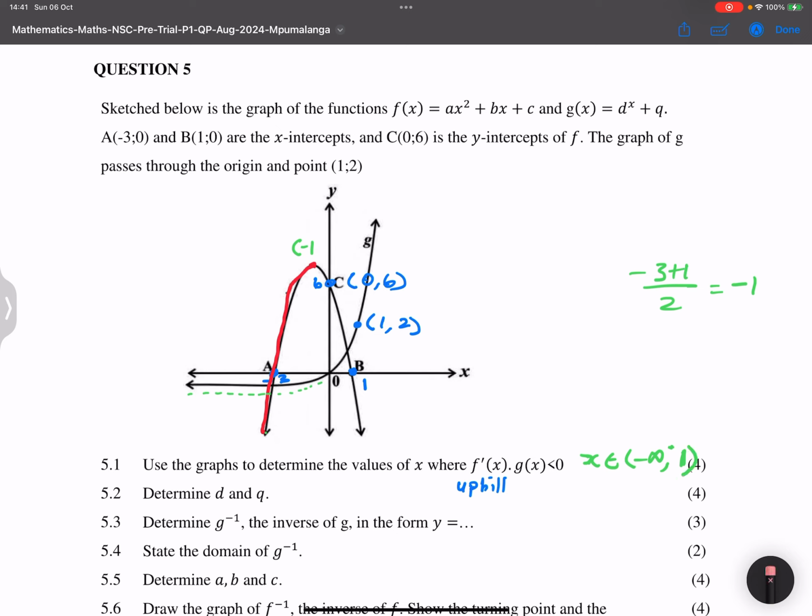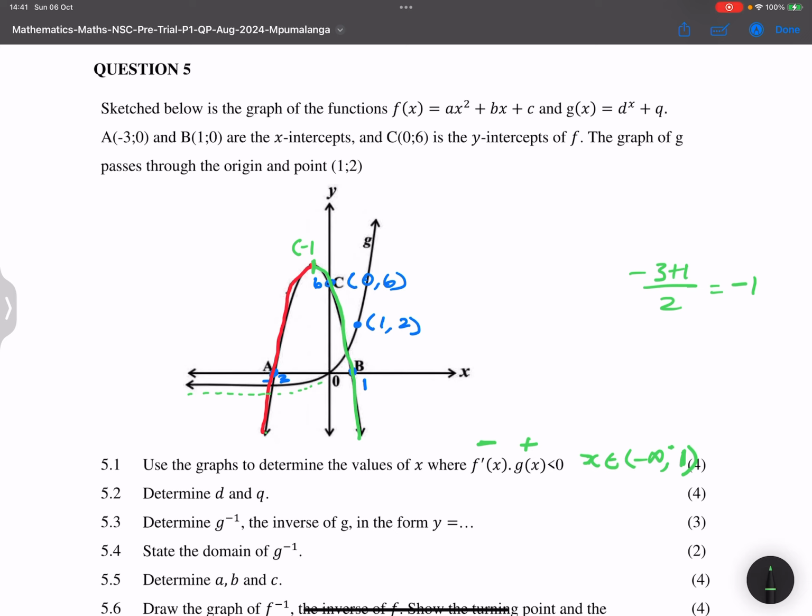Now let's swap these around, where f prime is negative and g of x is actually positive, right? So where is f prime negative? From the turning point all the way till infinity, right? It is going downhill, right?